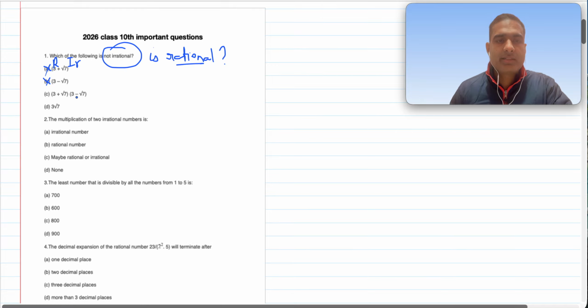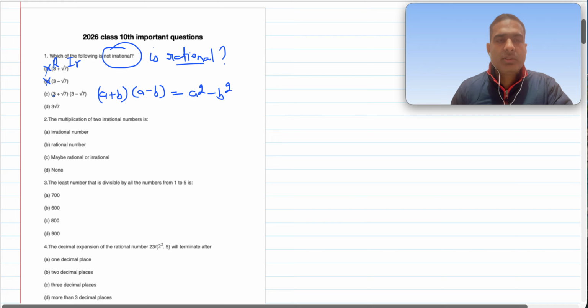So both are irrational, and their product. The product of two irrational numbers can be rational and irrational both. So if we analyze option C, it is in the form of A plus B and A minus B, and we know this is equal to A square minus B square.